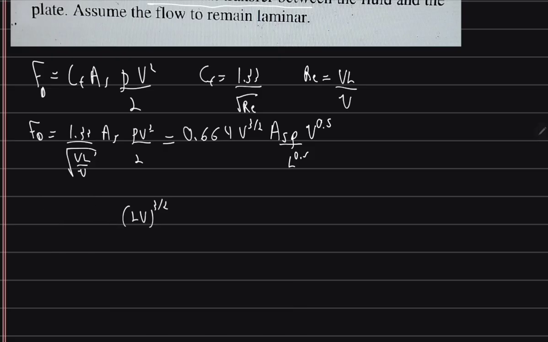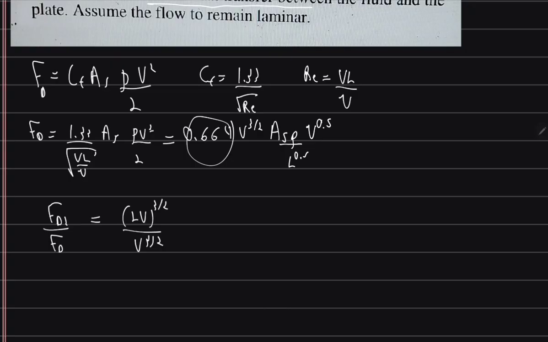So the ratio of forces, FD2 over FD: we have the 2 substituted in, and the v to the 3 halves.